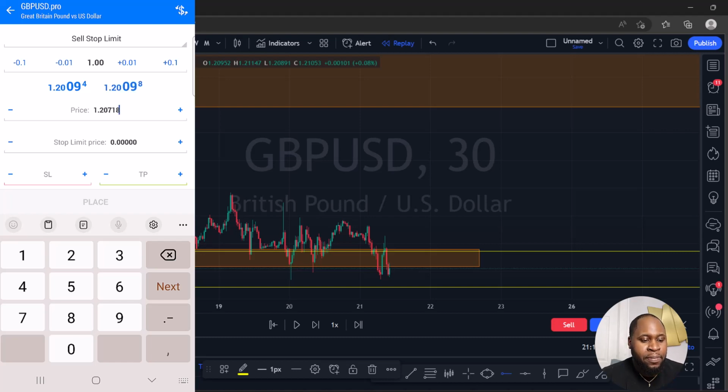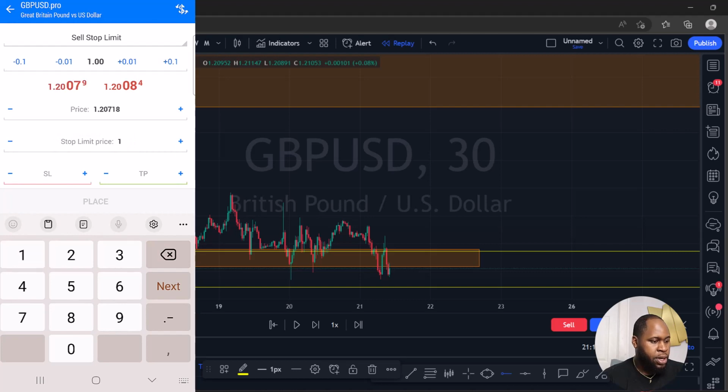So my stop limit price is going to be the point at which I believe the retest is going to end, which is going to be 1.21365. All right, so I want to set now my stop loss and my take profit based on that area in which I believe the retest is going to end.